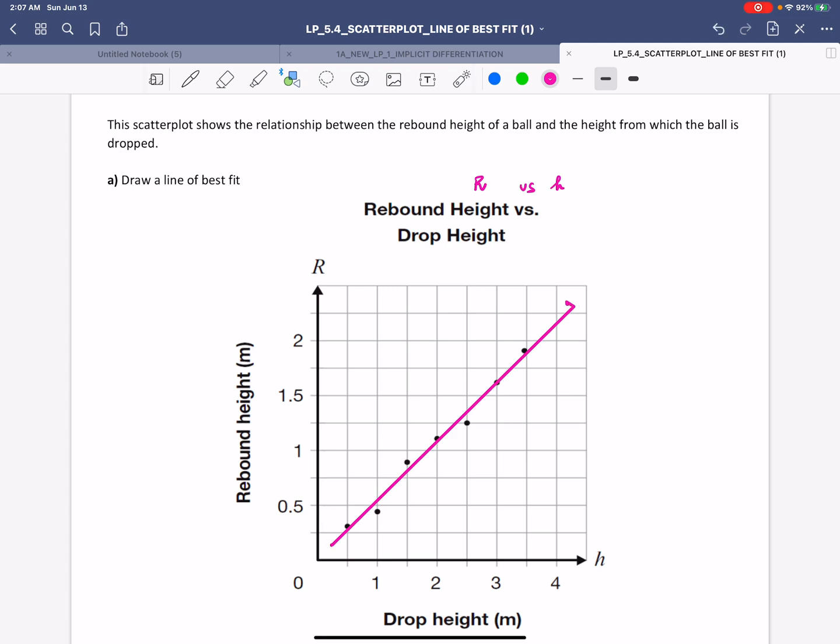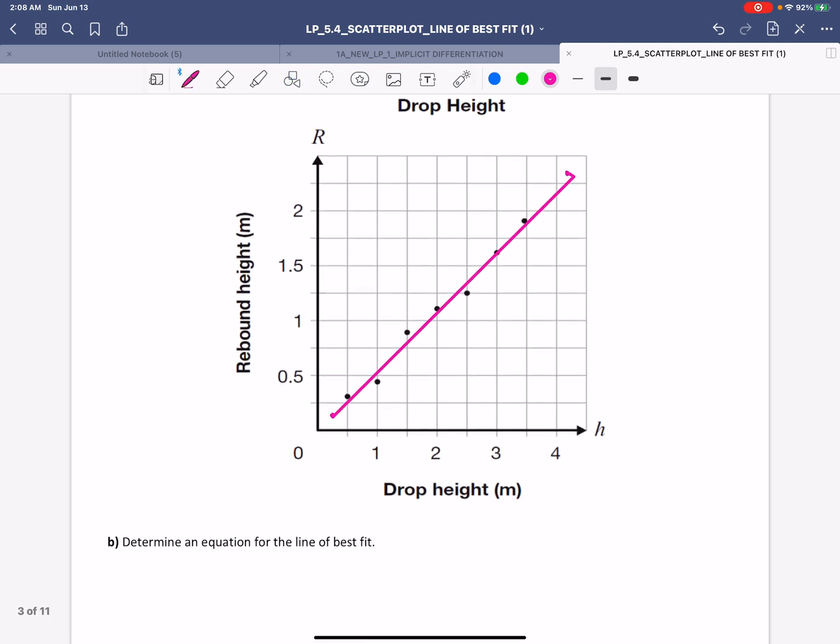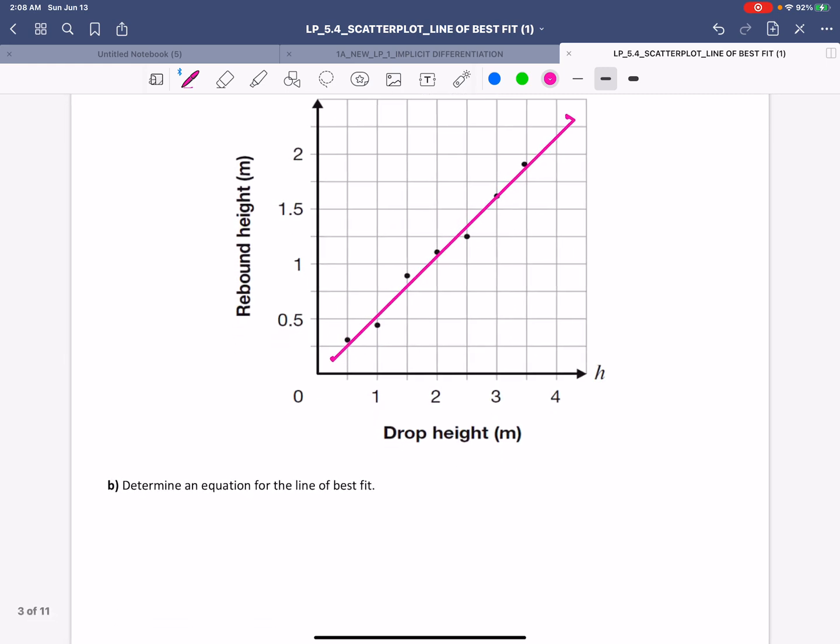Okay. I'd say this is better. Okay, so this is the line of best fit, and now we are going to find the equation of it.